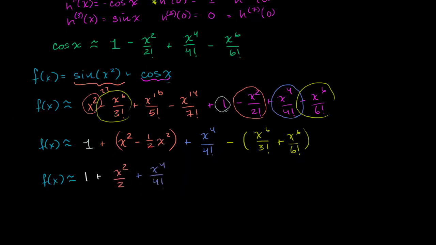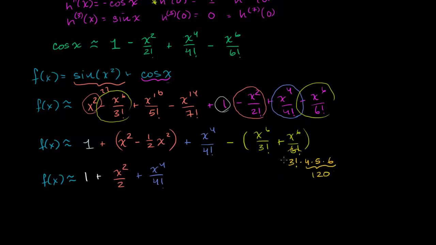And then to simplify this, 3 factorial, 6 factorial. Just to make everything clear, 6 factorial is the same thing as 3 factorial times 4 times 5 times 6, or 3 factorial times 120. And so what we can do is multiply the numerator and the denominator here by 4 times 5 times 6, or by 120.